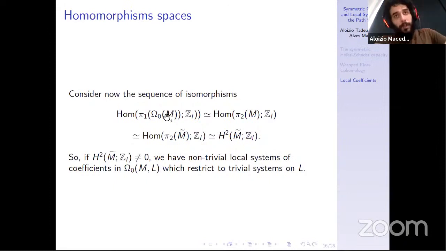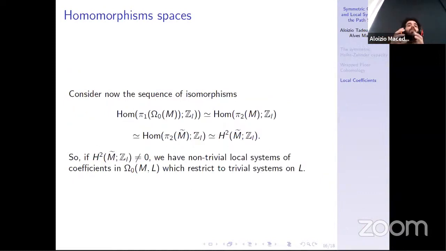And we have the π2 of a manifold is equal to the π2 of its universal covering. Simply, you can see this by the fibration of the universal covering. And due to the universal coefficient theorem, we have this last isomorphism. So if this group is not 0, we have non-trivial local systems of coefficients in this path space, which restrict to trivial systems on L.